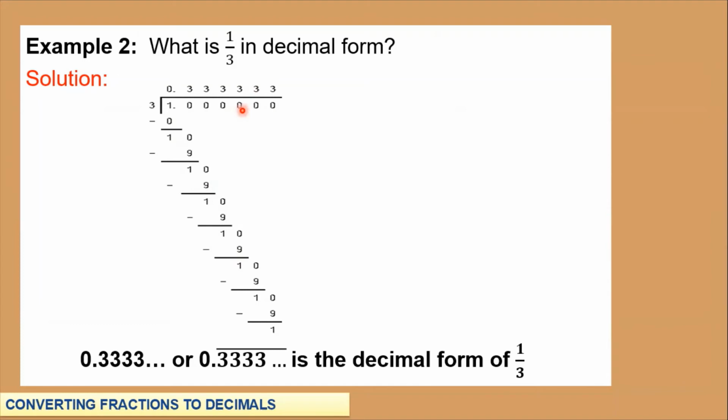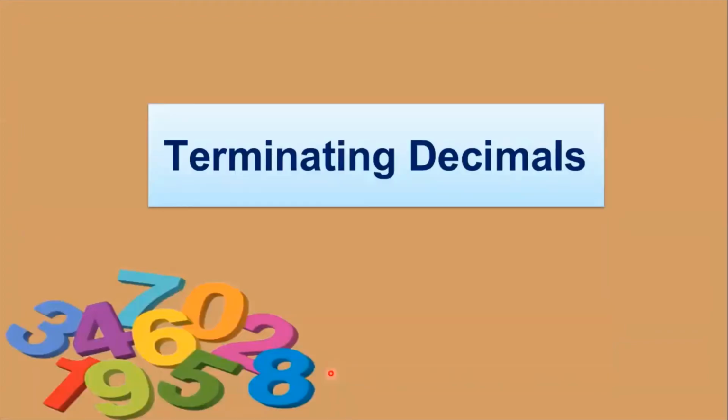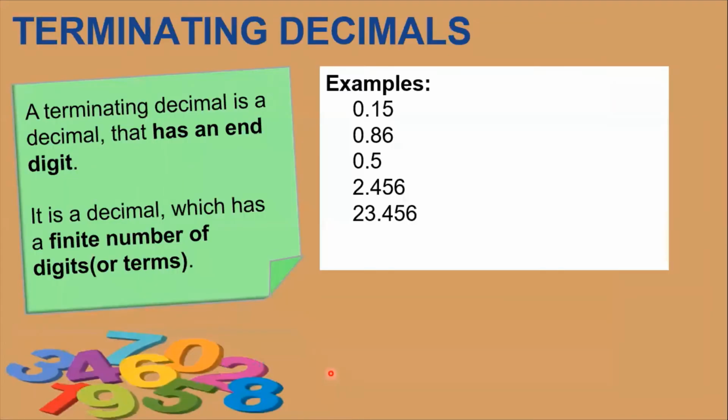So we can write it this way. The decimal form of 1/3 is 0.3333 followed by three dots, or the ellipsis, which means that there are numbers after the last number written, which is 3.